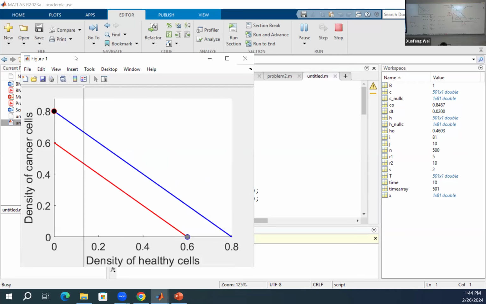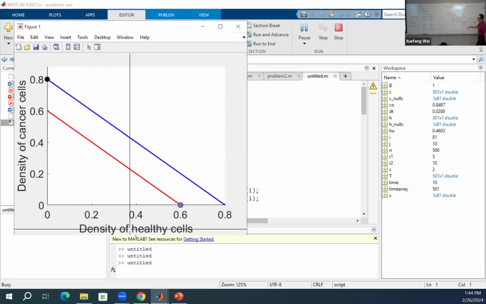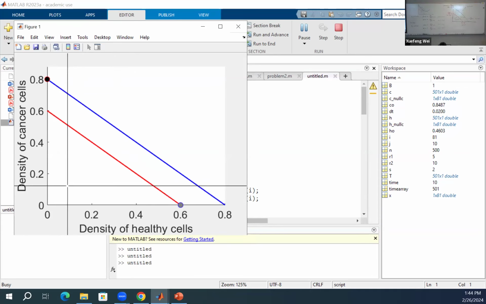I'm plotting x1 against x2. When I start at a point, they're going to move with time. So this is after a little bit of time. I actually use 4 millimeters. So you can see all of these points are at the same interval.